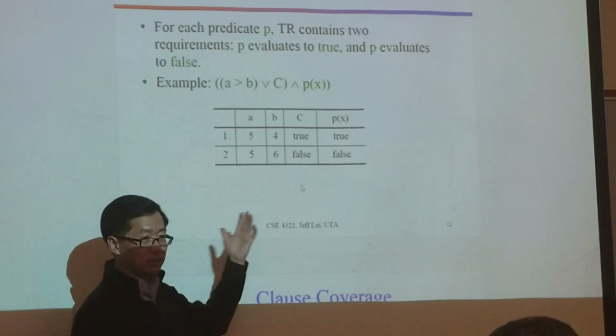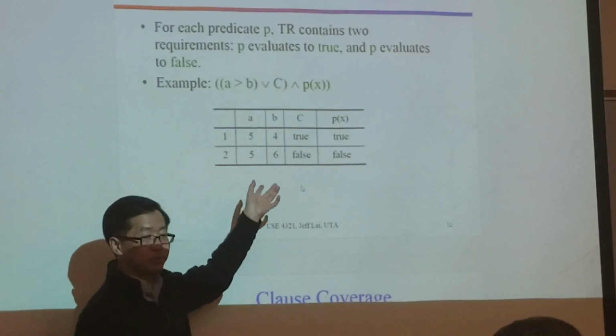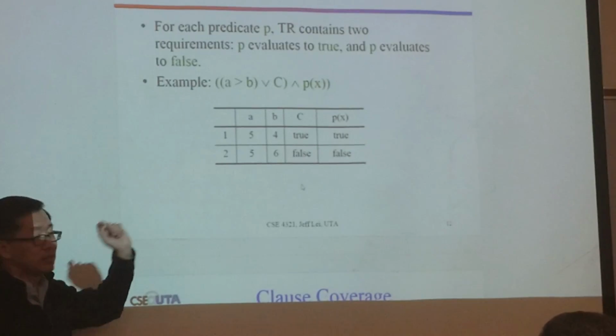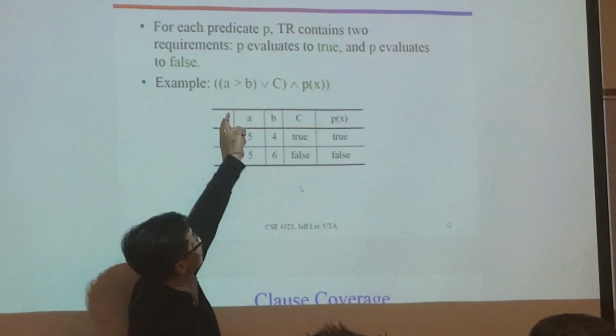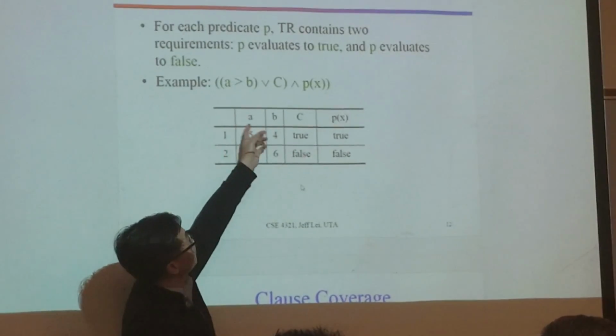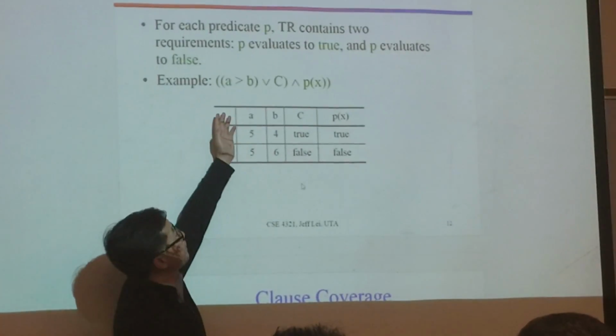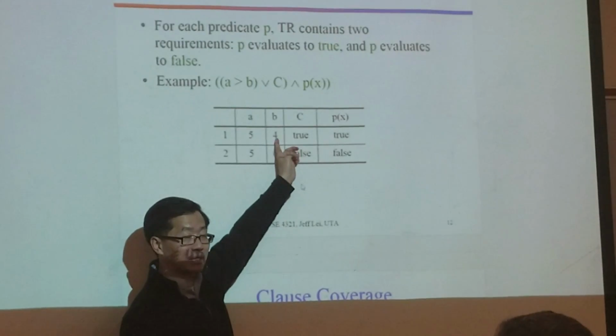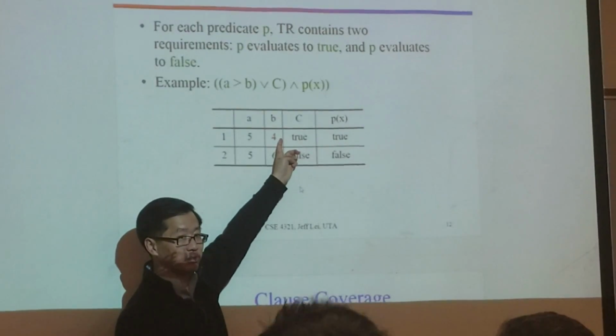Px, as I mentioned earlier, is a Boolean function, and C is a Boolean variable. So if you give these values to these variables or Boolean functions, you evaluate the predicate.